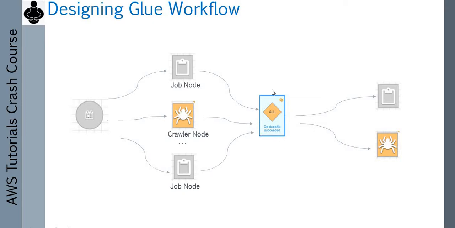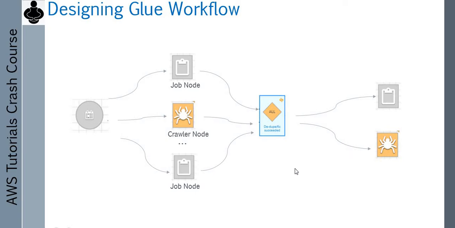So it can be configured to wait for any event, that if any of these 3 are done, you can kickstart, or all events. That means when it receives success execution from all the 3 nodes, then only the trigger will kickstart the next job or next crawler, or even parallel execution like you see over here, where it's actually starting 2 things. It's starting a Glue job as well as a crawler, both.